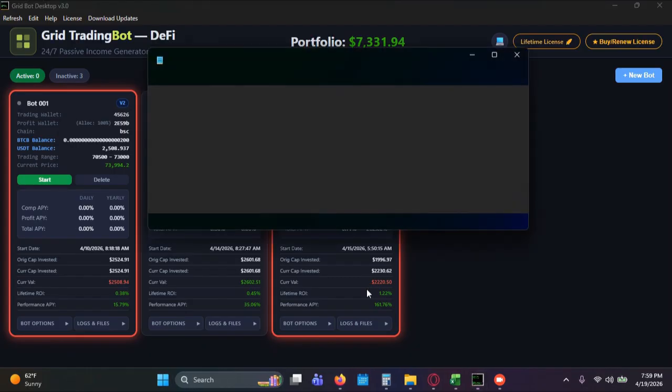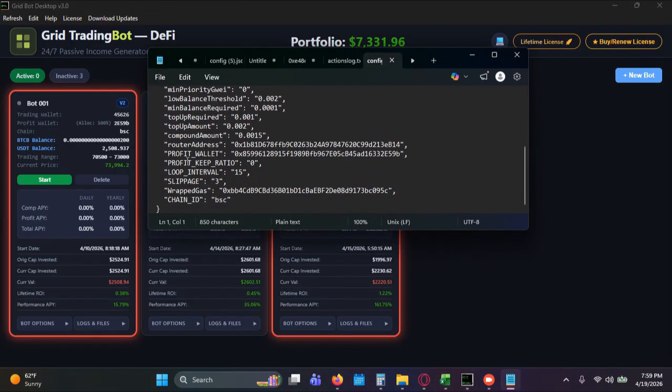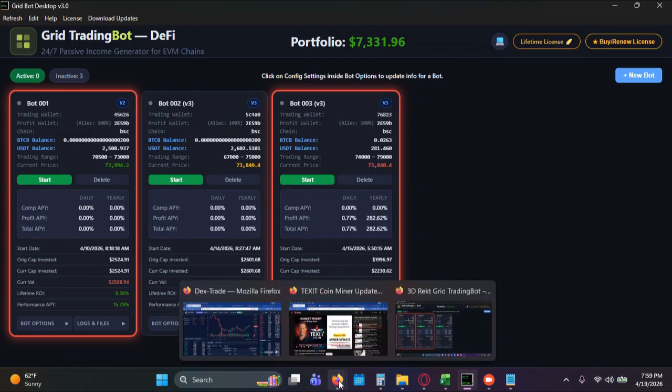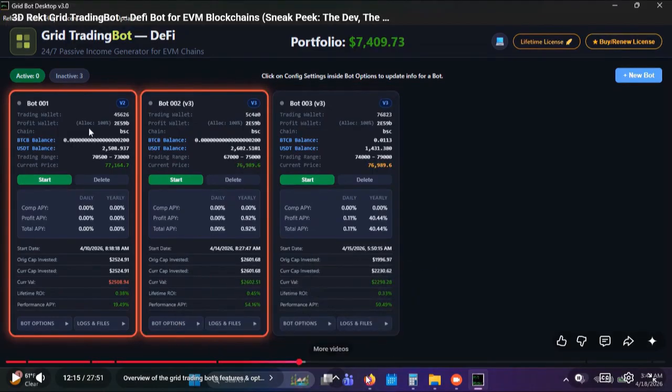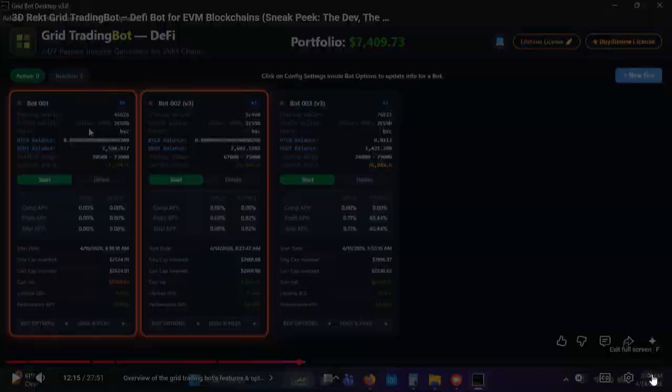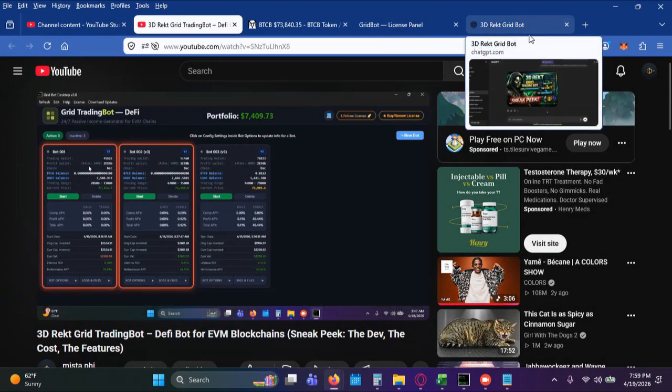I'm going to show you my config file, and I set it up to say, hey, this is the profit wallet here. So all of the revenue that this system is generating is going into that particular wallet.